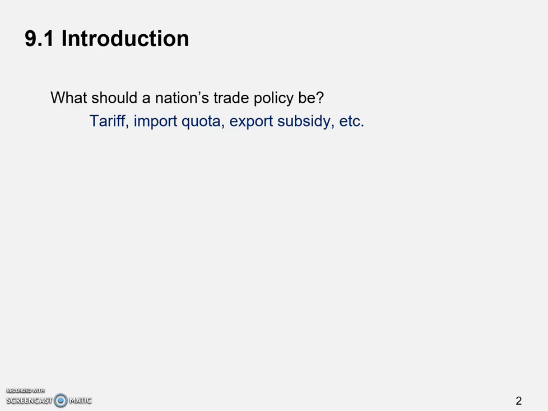An import quota is a limit or cap set by the government on the quantity of imported goods. And an export subsidy is the subsidy provided by the government to exporters.